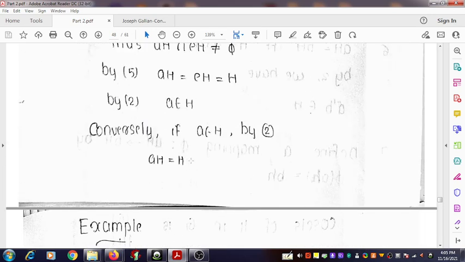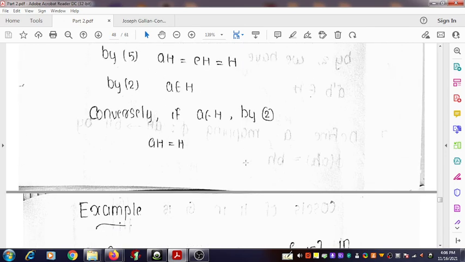Whatever properties the left cosets have, the right cosets have the same properties, with the corresponding changes, so that the statements suit the right coset. So you can rewrite the properties to fit the right coset, and we can prove all these properties in a similar fashion. Okay, that's all.